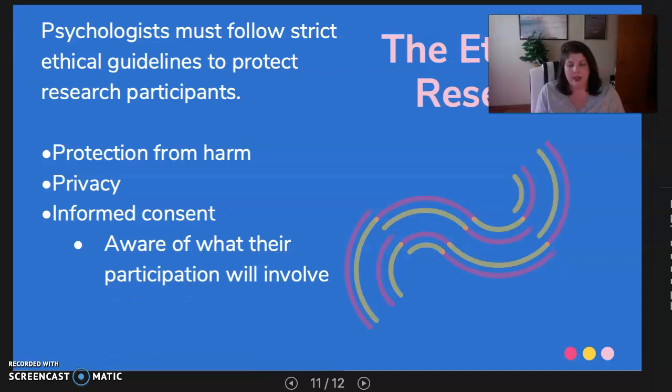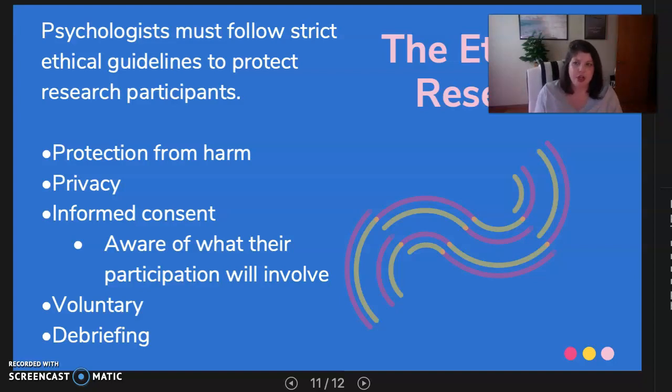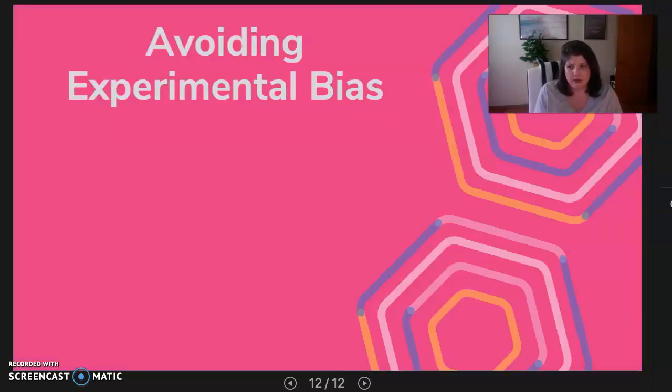And you have to give informed consent. So you have to have a really thoughtful, specific, informed consent letter that they have to sign so they know exactly what their participation is going to involve. Obviously, it has to be voluntary, and it usually has to include a debriefing. I'm going to talk a little bit more about this in class.